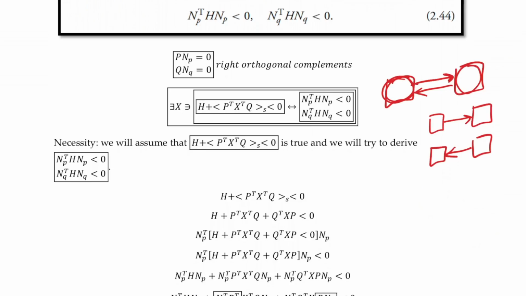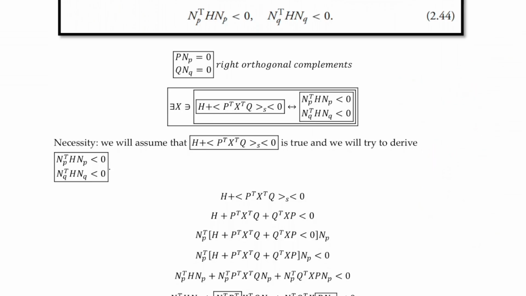This is called necessity. So let's try to prove the necessity condition, which will be the easier one. First condition implies second condition. What we are going to do is, we know that the first condition is correct, and by using algebraic manipulations and other known facts in this specific problem, we will try to derive and construct the second condition.